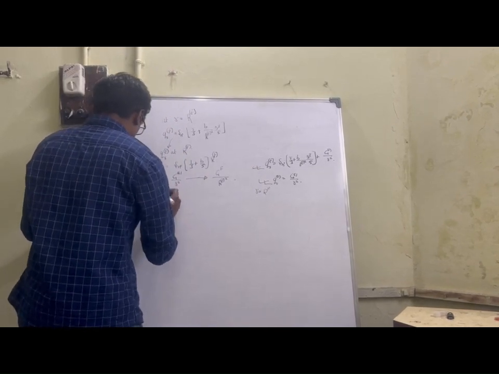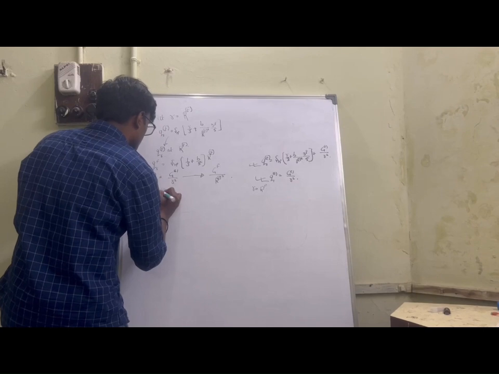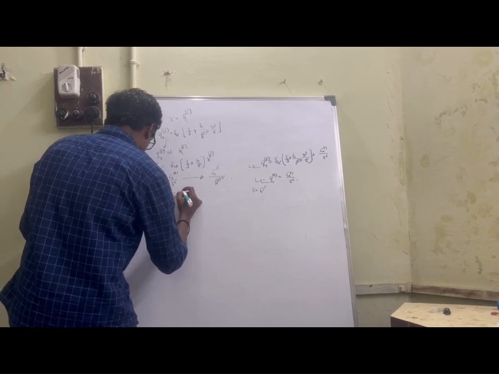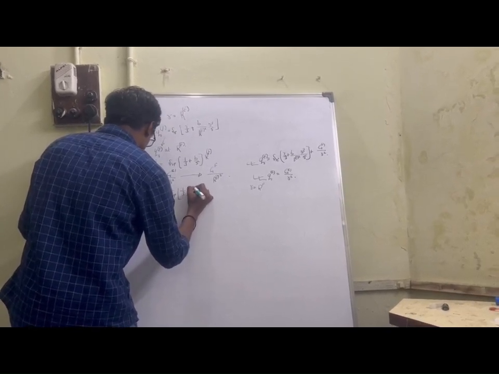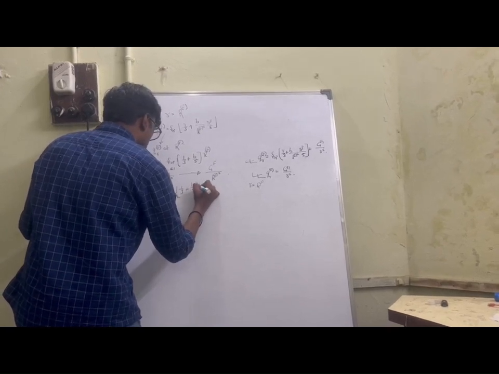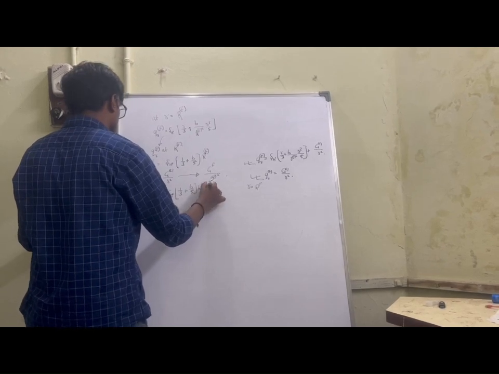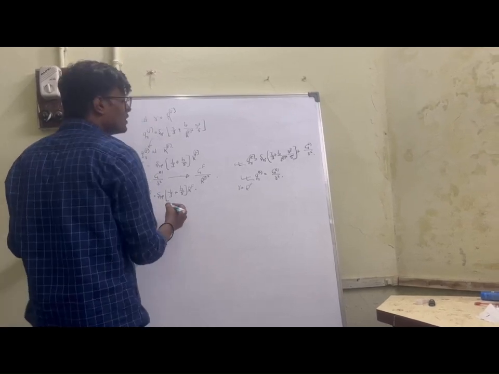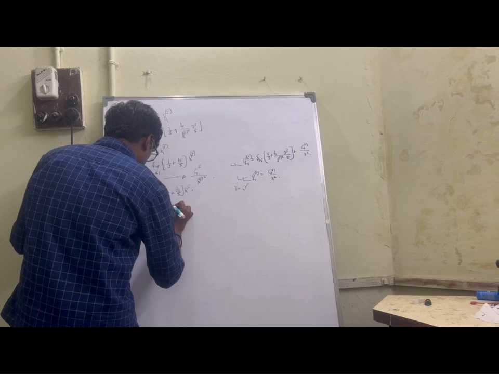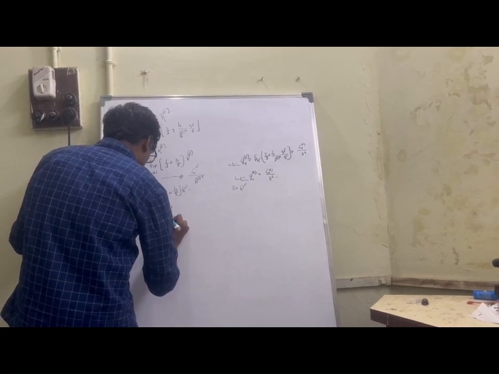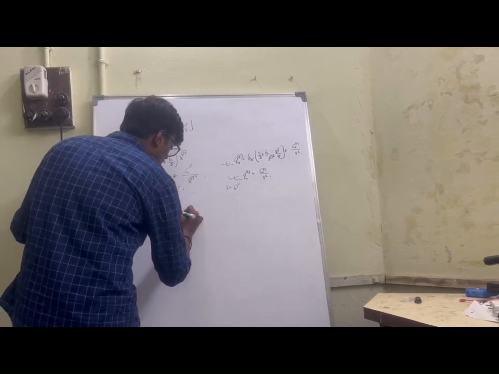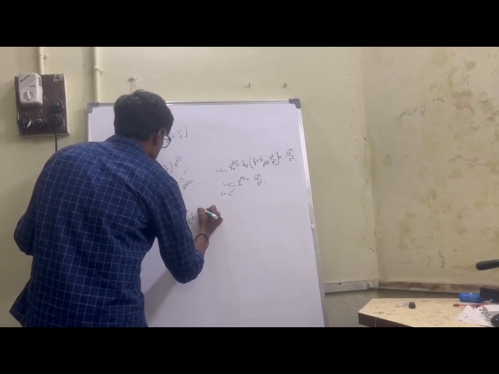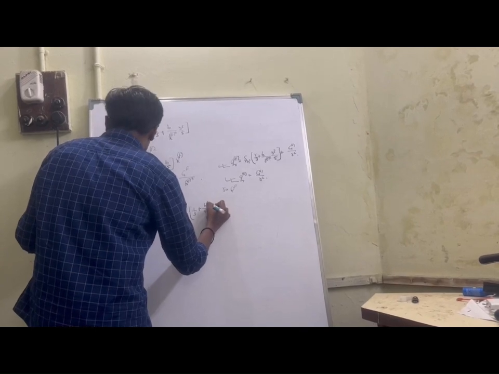Now further, equating these two equations, we get C1C divided by RF square is equal to the Sn naught 1 by 3 plus B by 5 RF.